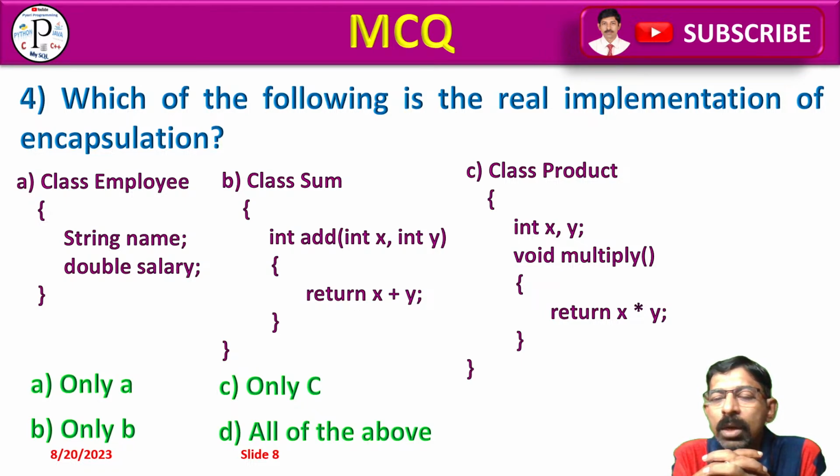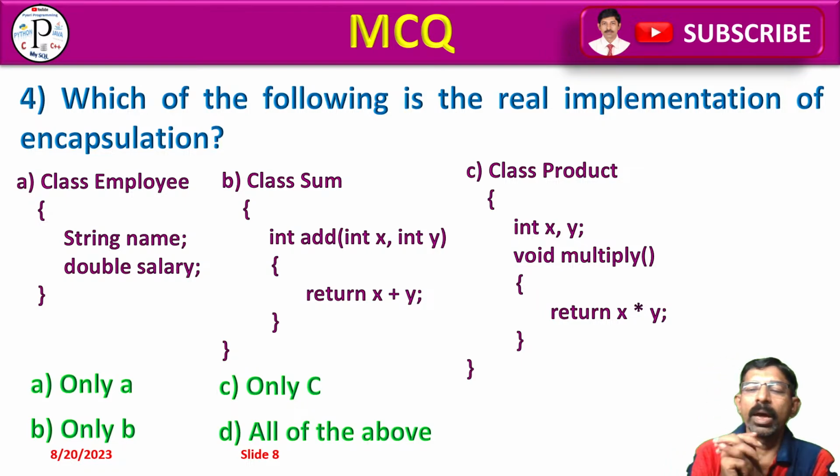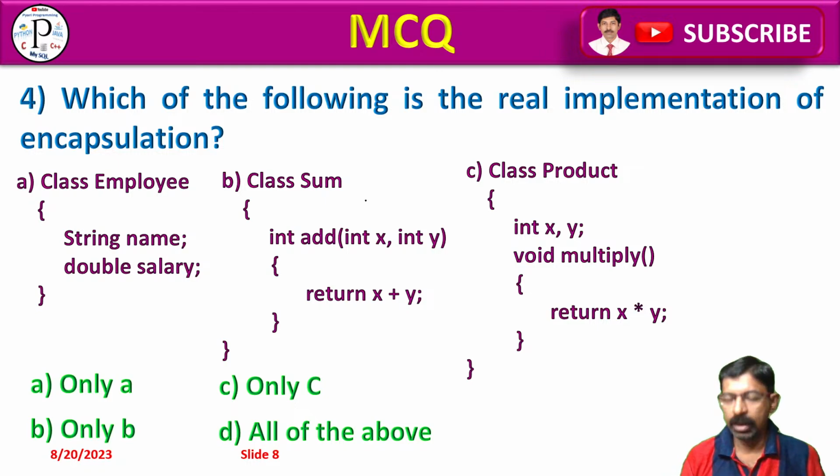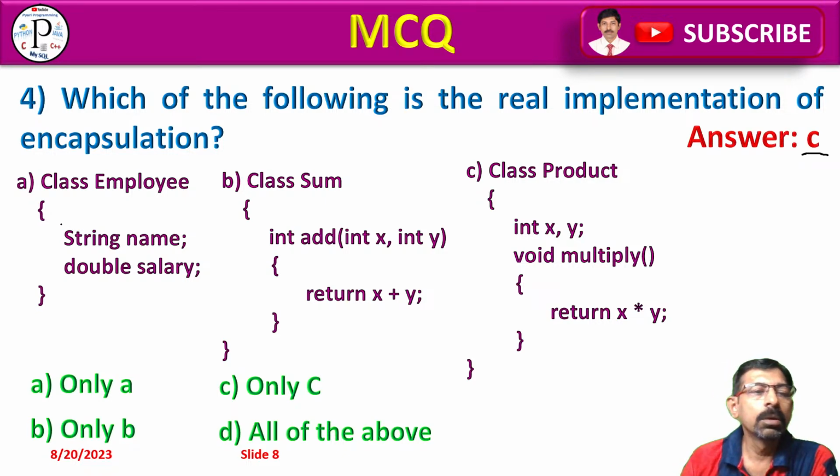After a long time Ruturaj has given the answer B, which is wrong. 4C, as both the instance variable and the method are present in the class block. Excellent answer with explanation. Option C is the only correct answer. If you can recall question number 1, best suitable. It is only having instance variables.